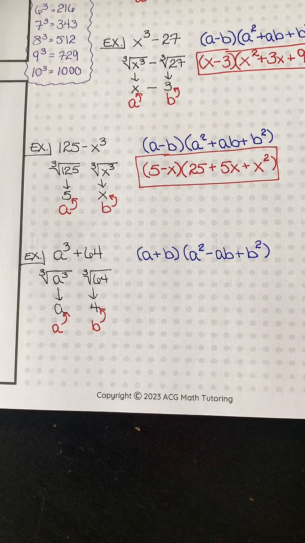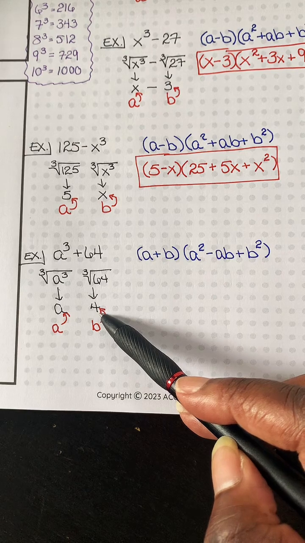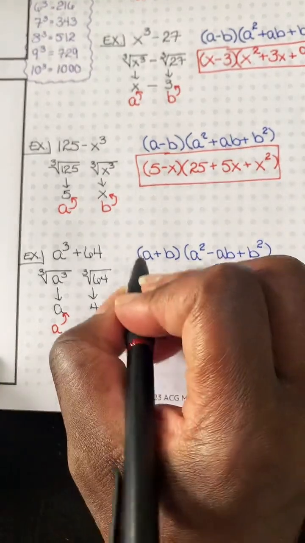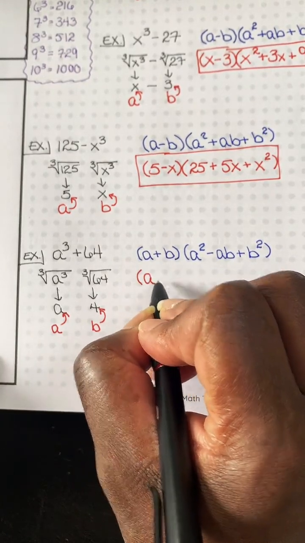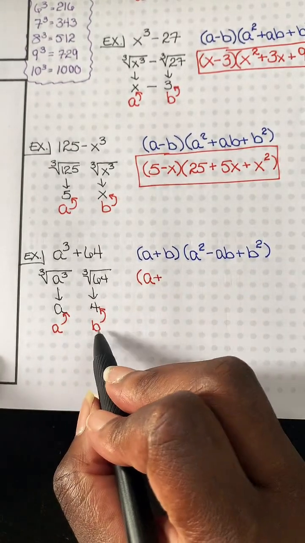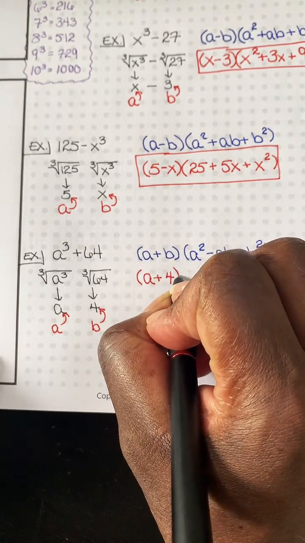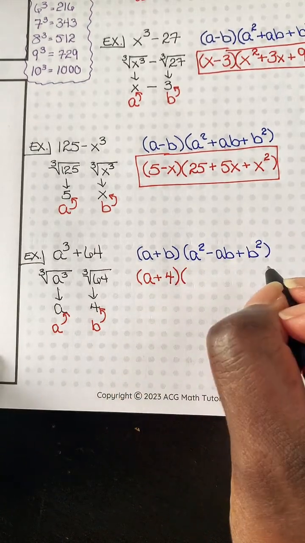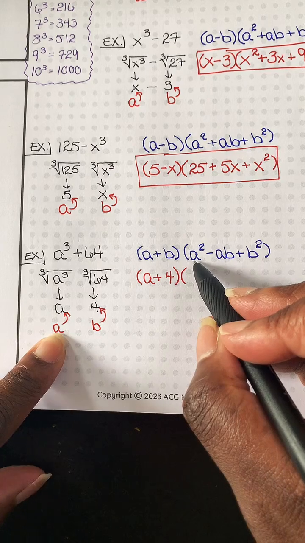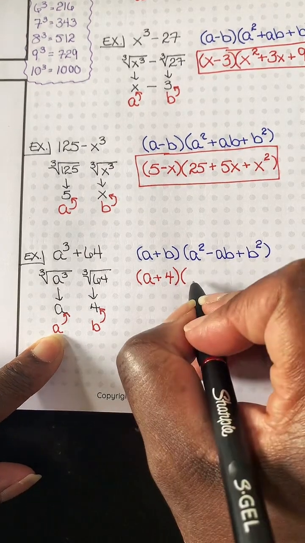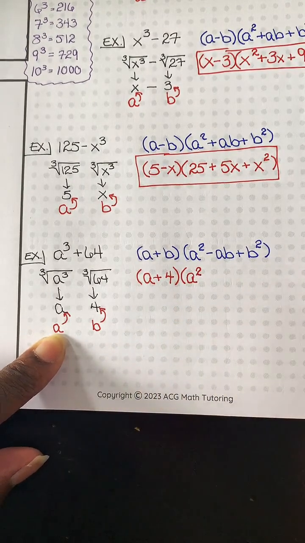All right. So now that we got our A and our B, we're going to plug in. So our A is A, and our B is the 4 that we got. Anytime I see an A, I'm going to substitute it. So A squared, since it's already an A, we got our A squared.